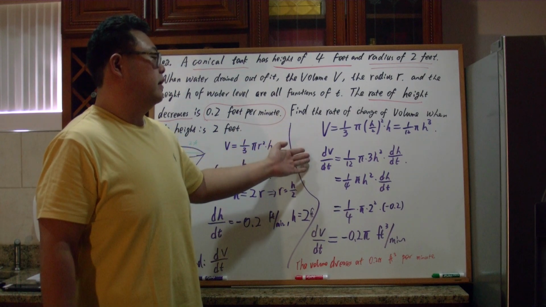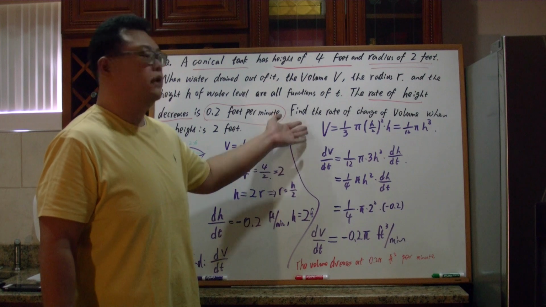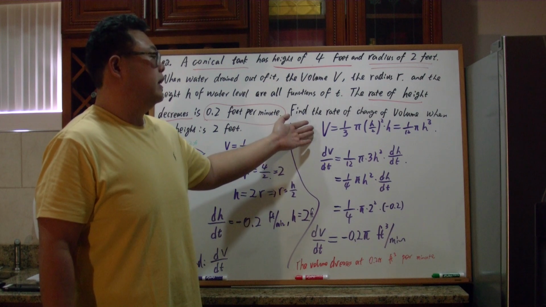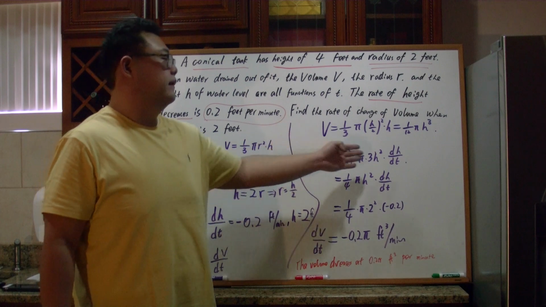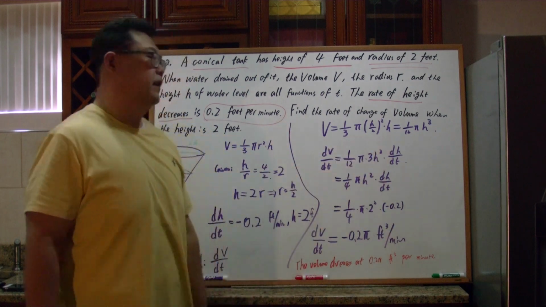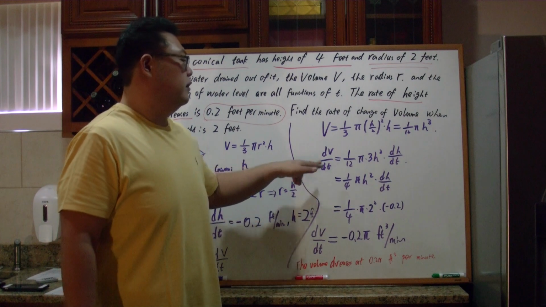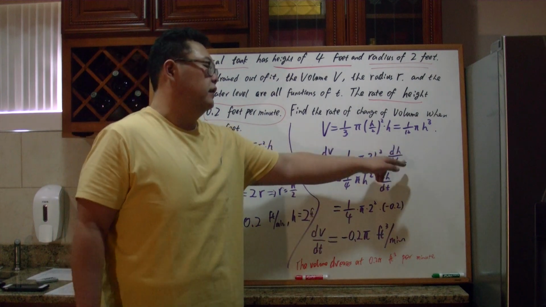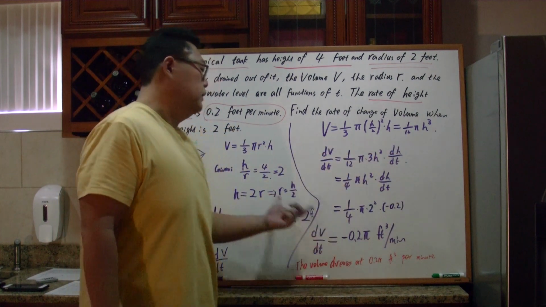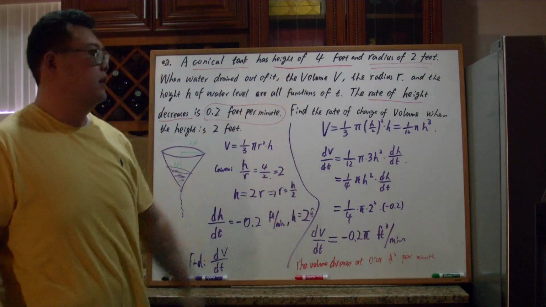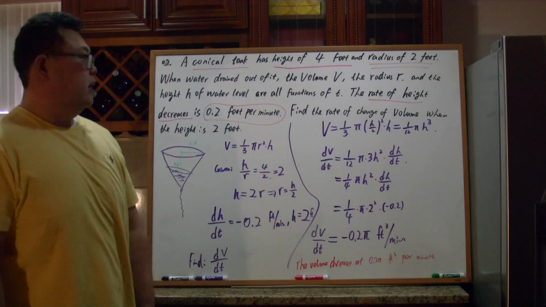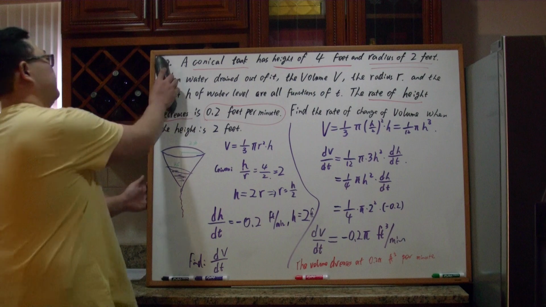Differentiate on both sides, and be careful to use the chain rule properly, which means every function is a function of time. So the volume is a function of time, height is a function of time, then substitute all the given information into our equation.